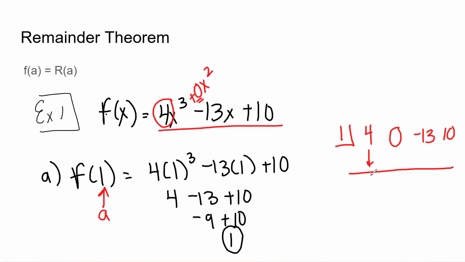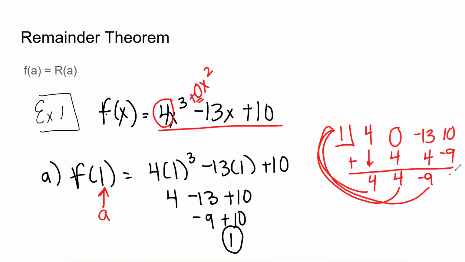And we're going to drop down, multiply, put it in the next available column, and add straight down. Multiply, add straight down, multiply, add straight down, and this last number is your remainder. So we have just shown that this does indeed work. f of 1 is the same as the remainder at 1.